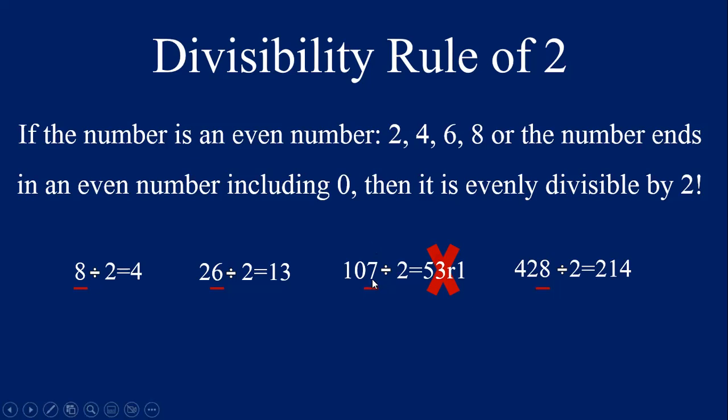It's a 7. Is 7 an even number? No, it is not. So 107 will not be evenly divisible by 2. This one we would get a remainder. How about 428? Well, what number's in the ones place? An 8. Is it even? Yes, 8 is an even number, so 428 will be evenly divisible by 2.